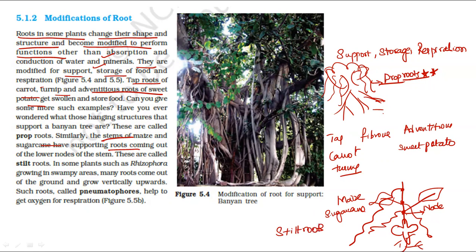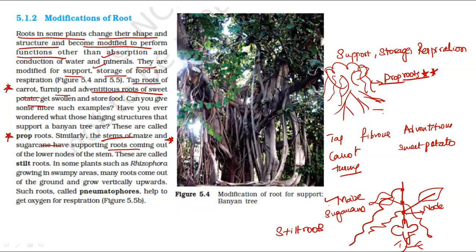So here, let me explain a very important way in which the examiner can ask you questions. Here they have explained about prop roots. Here they have also explained about how food is being stored. Here they are again explaining about the supporting roots. So the examples and the function are what you need to remember. Each and every example is important.